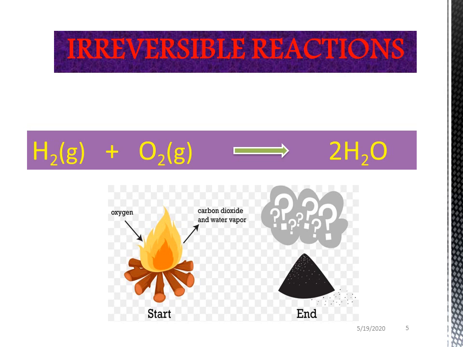So we can say that the example of the wood and the coal is a physical change. So irreversible reactions are somewhat called physical changes, because in physical changes we can't go in the backward direction.